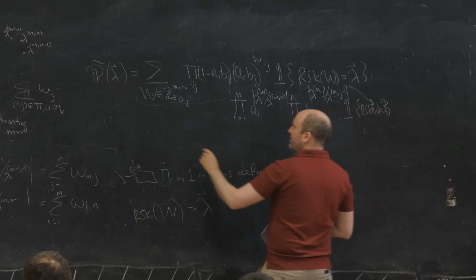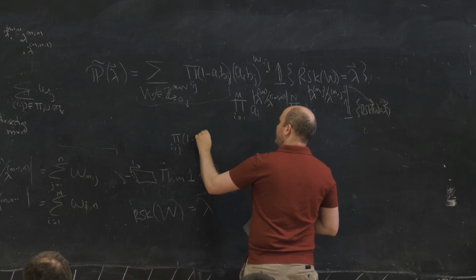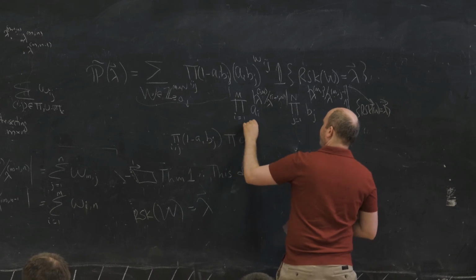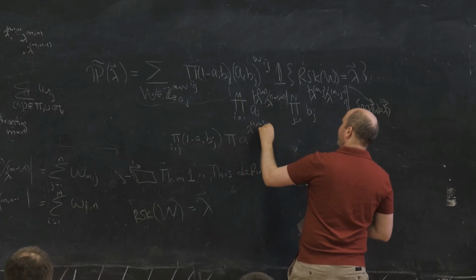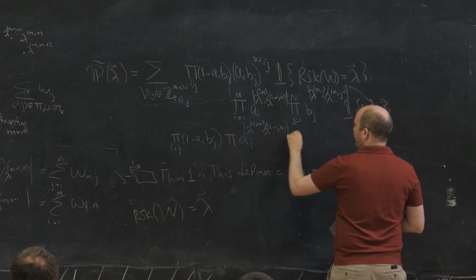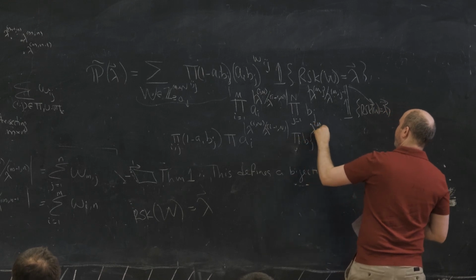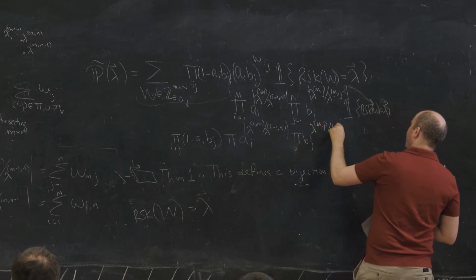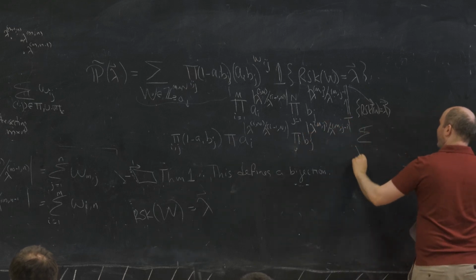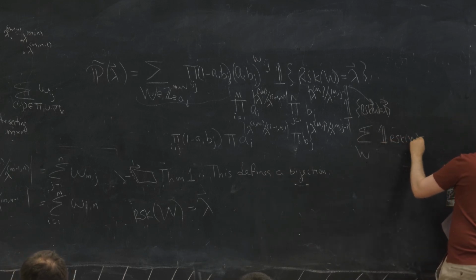So what I can do is bring my summation inside. I'm left with the product over i, j of the a_i, b_j, and then these products of a_i to the n over a_{i-1} to the n, and then the b's, and then the summation over all w's of the indicator function that RSK of w is equal to lambda.